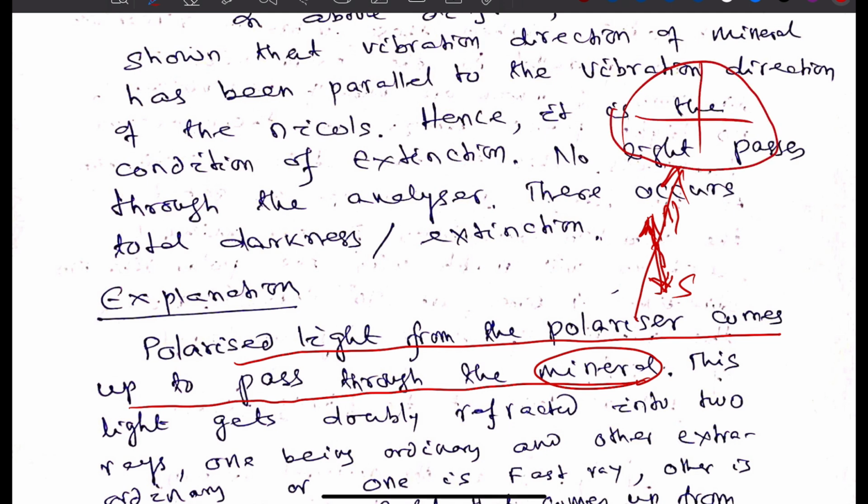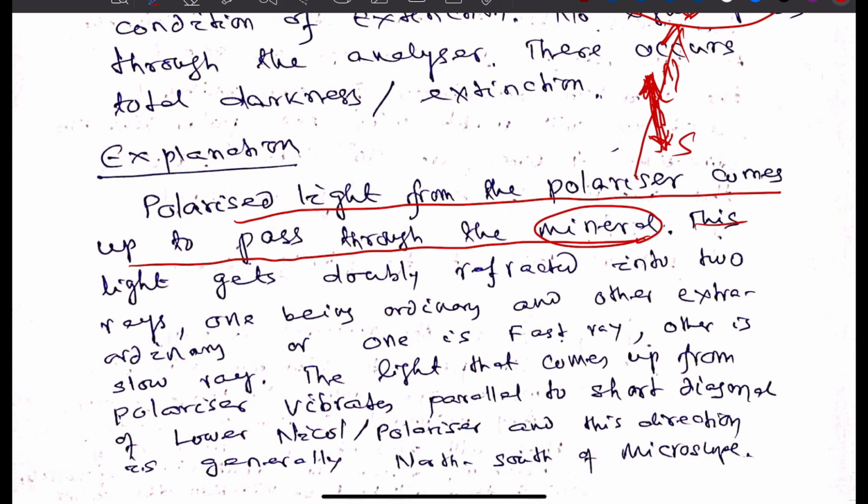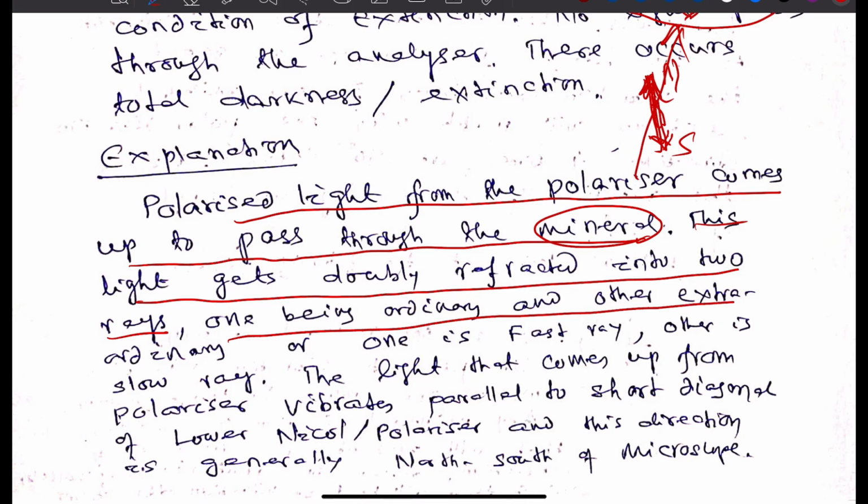If one of the vibration directions of the mineral is parallel to this direction, then this vibration will simply pass through the mineral with no component perpendicular to it. Otherwise, this light gets doubly refracted into two rays, one being the ordinary, the other being extraordinary, or one is the fast ray, the other is the slow ray.